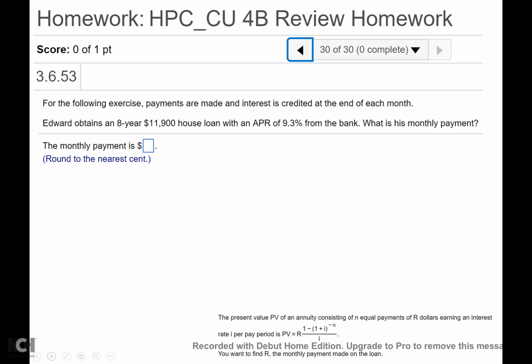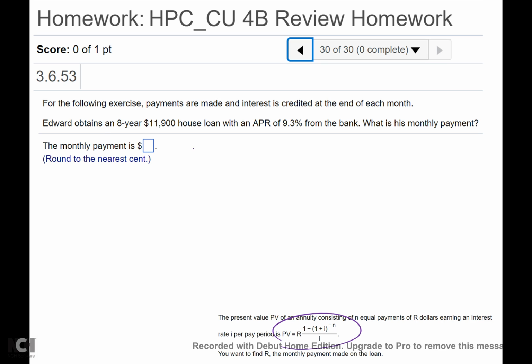Alright, last one. For the following exercise, payments are made and interest is credited at the end of each month. Hey, Alexis, check your box. Edward obtains an 8-year, 11,900 house loan with an APR. Okay, loan, so we know it's present value. We want to know the monthly payments.